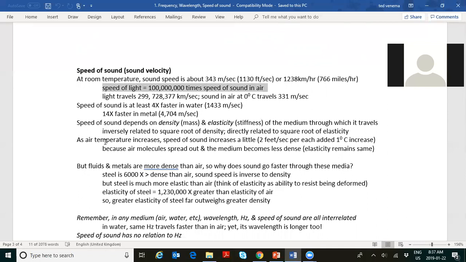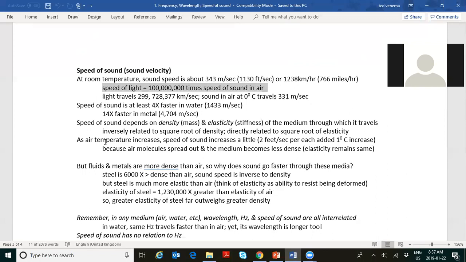Sound has to travel through something. If there's nothing to travel through, sound can't travel. So if you and I were standing on the moon, which has no air, we could yell till the cows come home and we're not going to hear each other. Sound waves need something called a medium through which to travel.